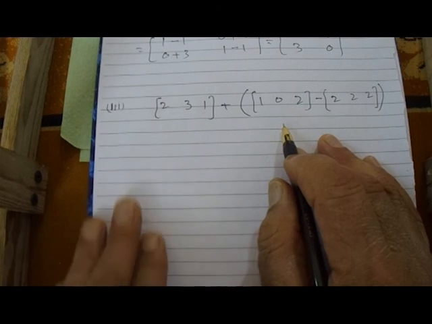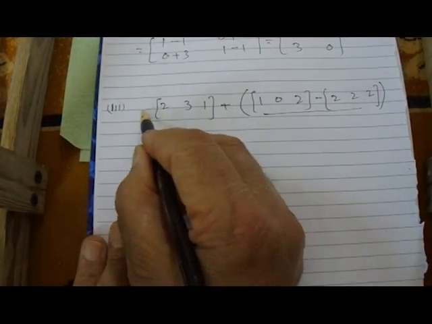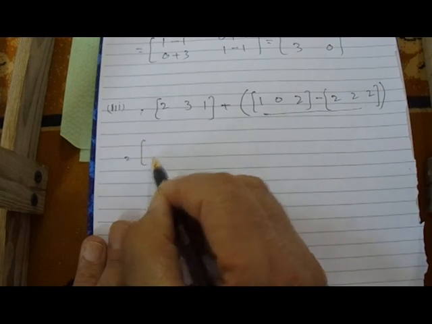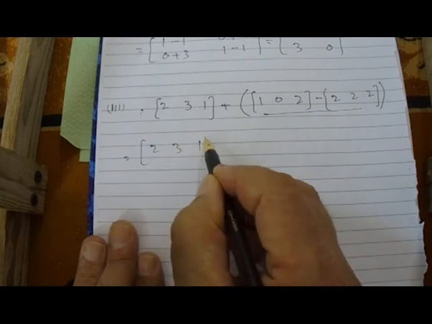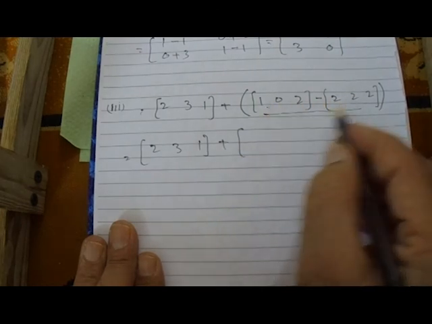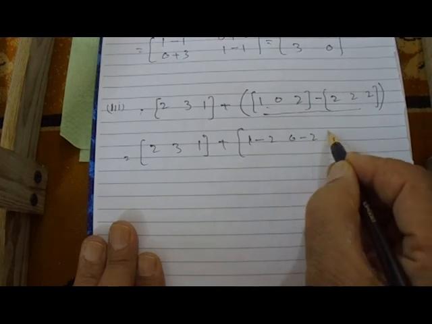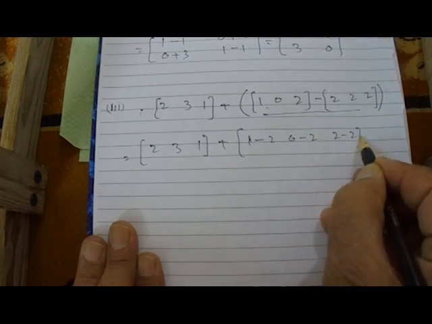Now the third question. First we will add this in bracket, then we will add this. 2 3 1 plus 1 minus 2, 1 minus 2, 0 minus 2 and 2 minus 2.